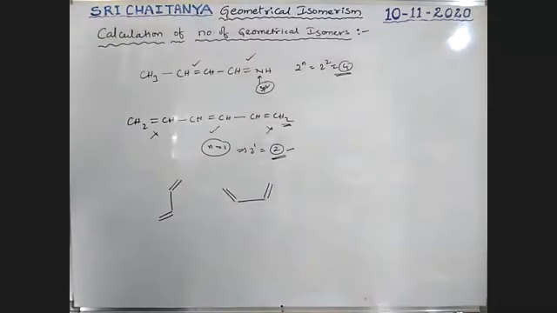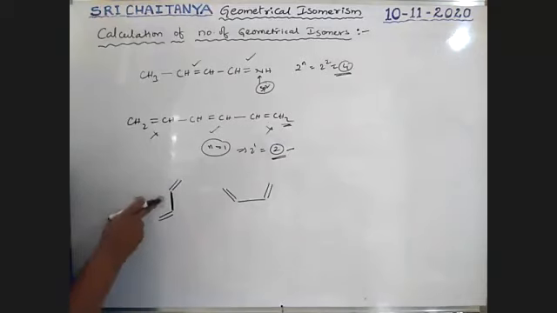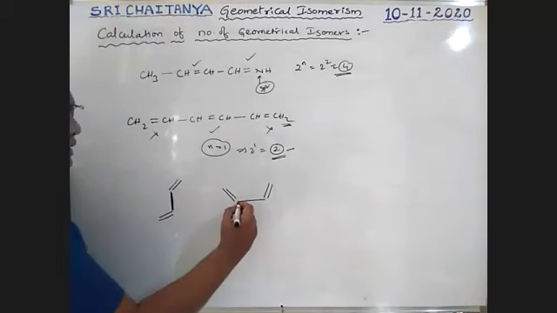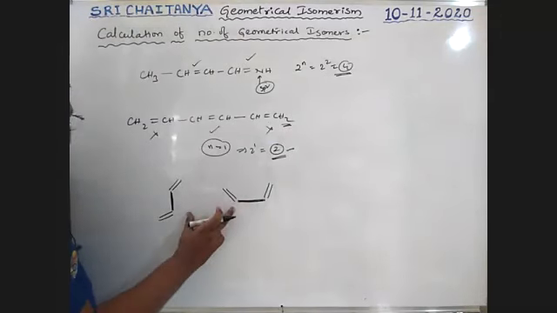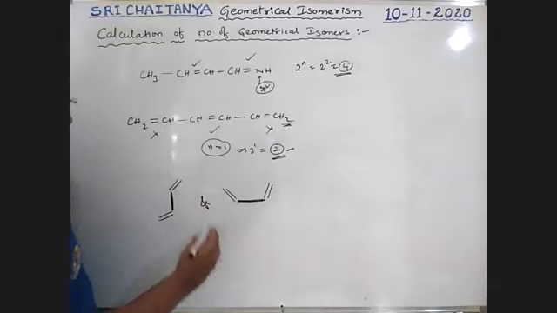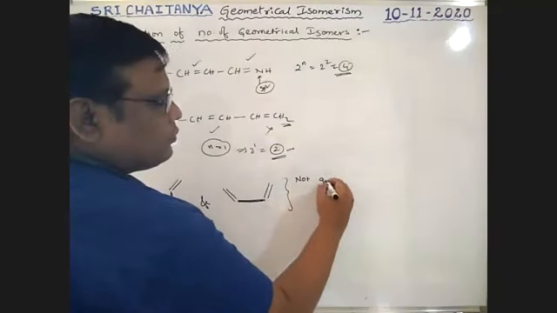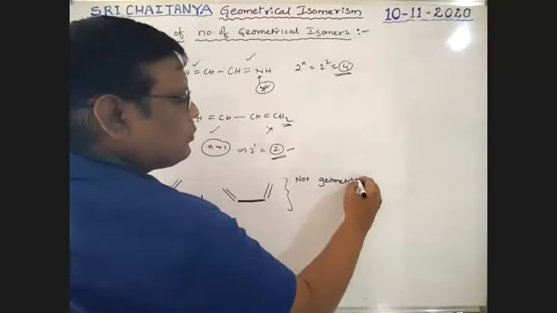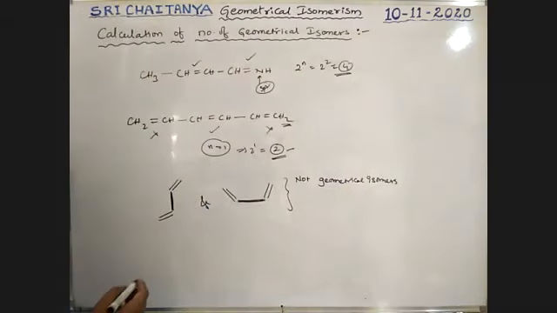See here, boys. Here the rotation is around C single bond C, not around C double bond C. So due to free rotation around C single bond C, these two are not geometrical isomers, boys.